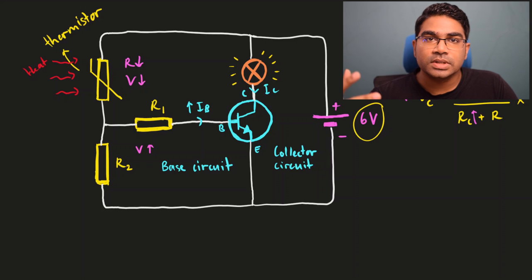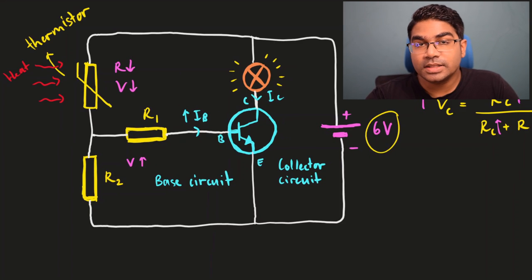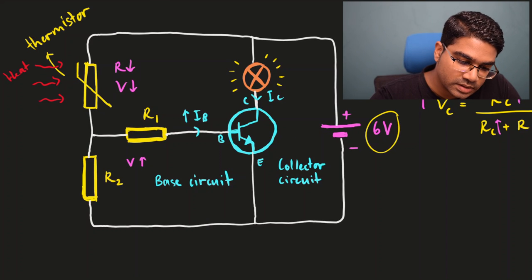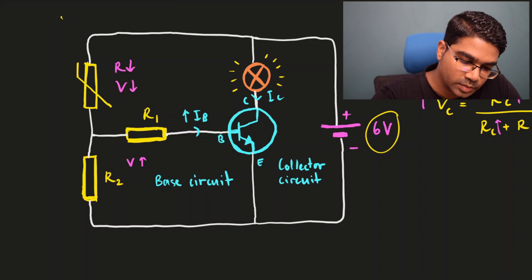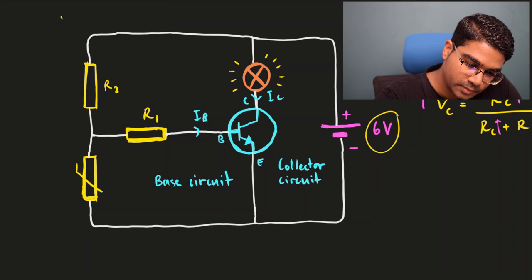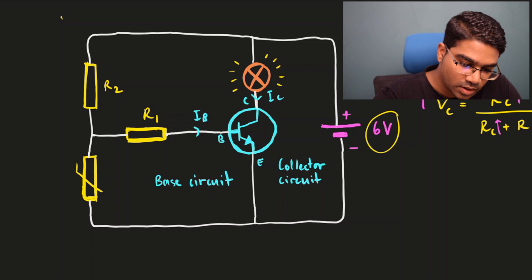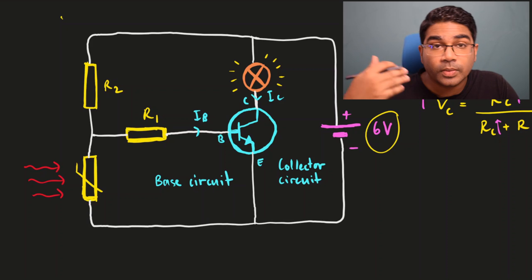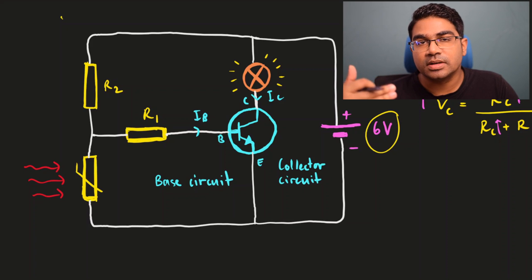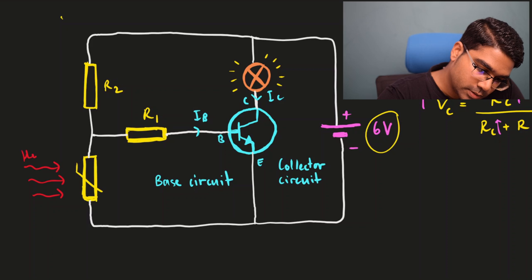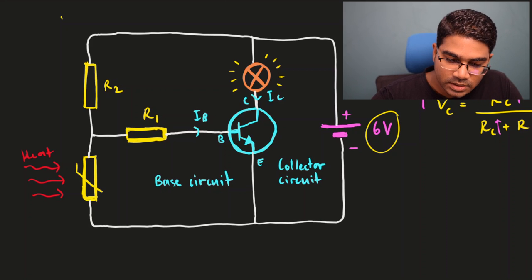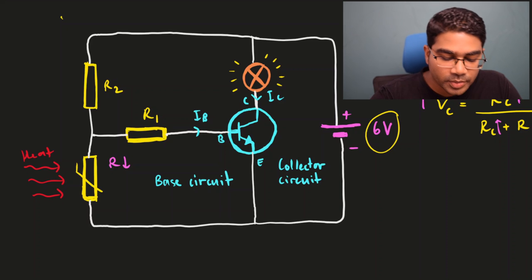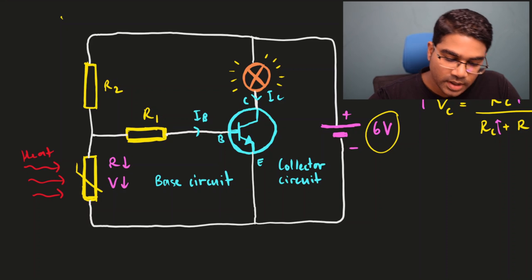So for example, if we are using it to detect fires, let's see what happens when we put the thermistor at the bottom. So instead of here, let's put the thermistor at the bottom. In this scenario, when it is cold, the resistance of the thermistor will be high. When there is heat, the resistance of the thermistor is going to drop, and therefore the potential difference across the thermistor is going to drop as well.